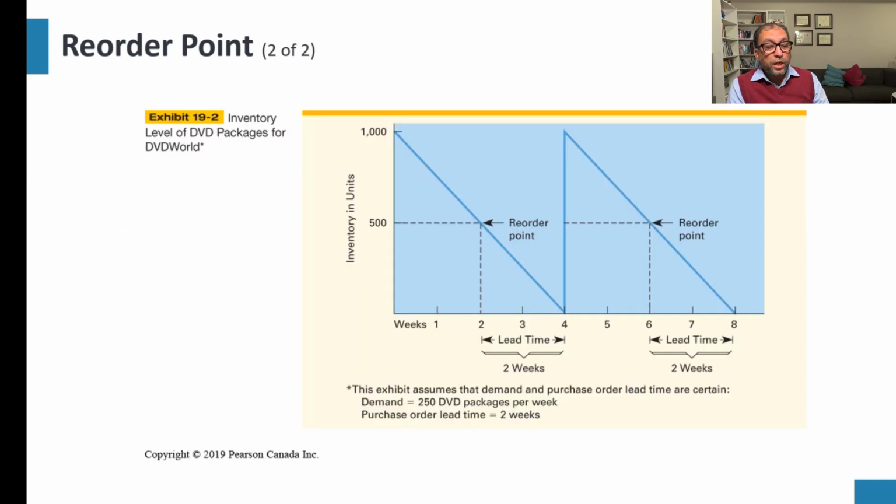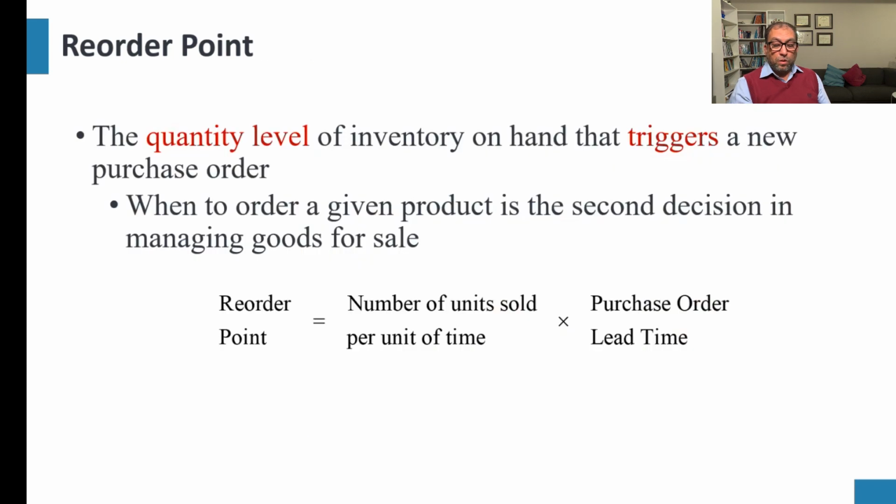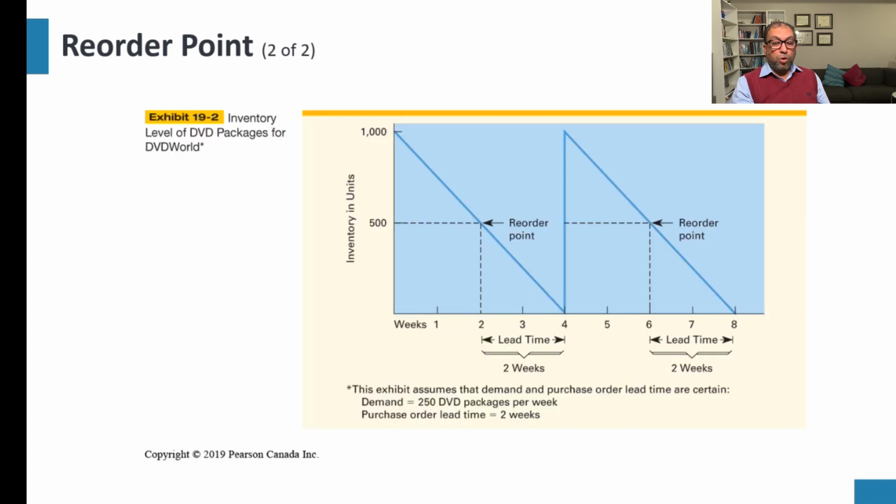So we see here the lead time is 2 weeks for each case. Lead time is 2 weeks, and 1 week is our period for the number of units sold per week.